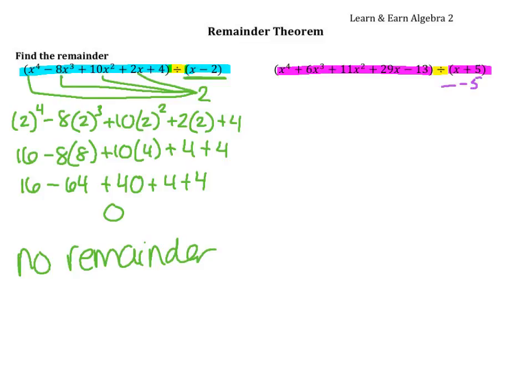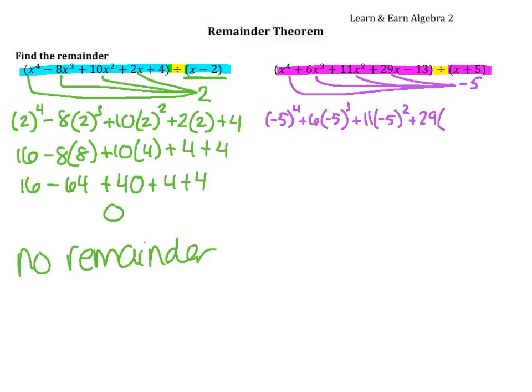And then we're going to take that negative 5 and plug it in to everywhere that you see an x. So I have negative 5 to the 4th power plus 6 times negative 5 to the 3rd power plus 11 times negative 5 squared plus 29 times negative 5 minus 13.